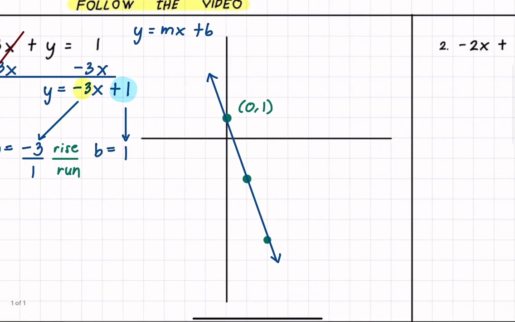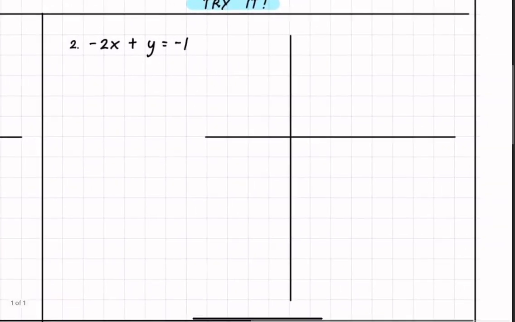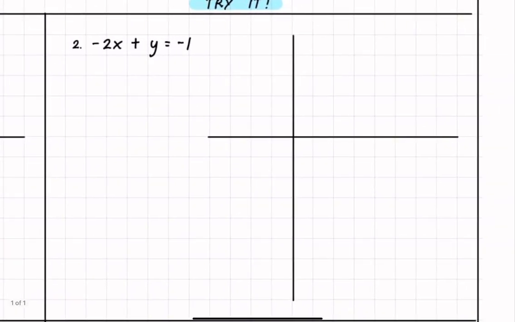Now, okay, it's your turn. Try to do number 2. The given is negative 2x plus y is equal to negative 1. Again, class, we have to make it in the form y is equal to mx plus b.